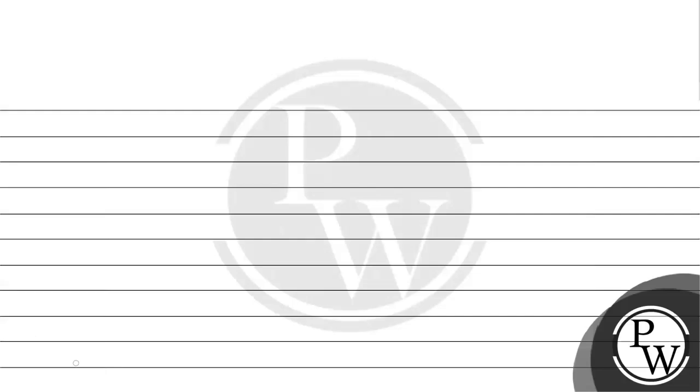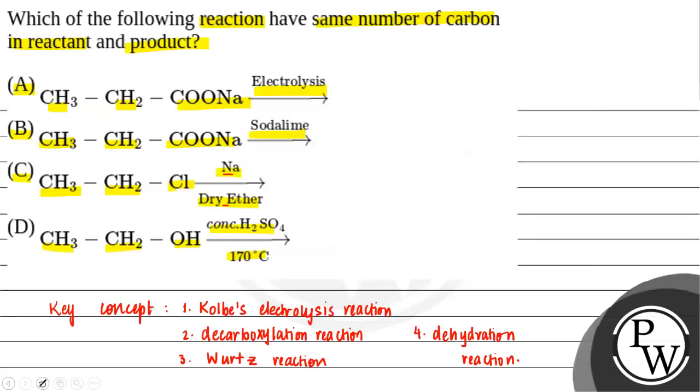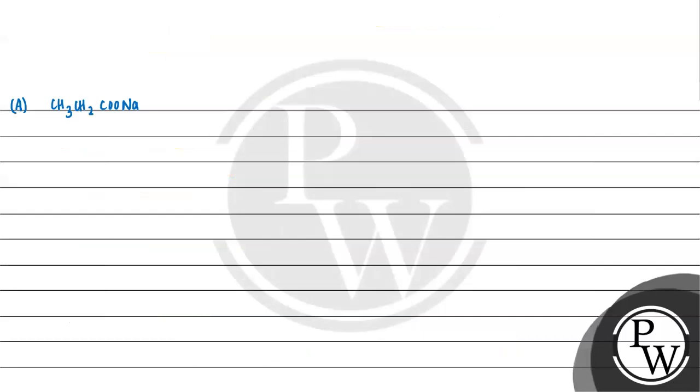पहले हम reaction देख लेते हैं, फिर हम उसके reactant और product side पे carbon atoms को गिन लेंगे. तो अगर हम option A की बात करें, we know that our CH3CH2COONa is undergoing electrolysis. तो हमारा ये जो reaction है, that is our Kolbe's electrolysis reaction.